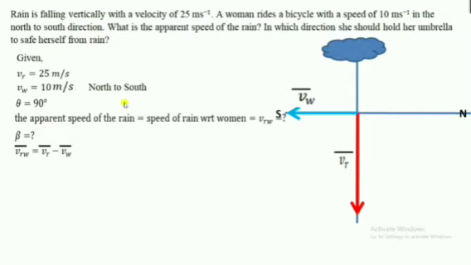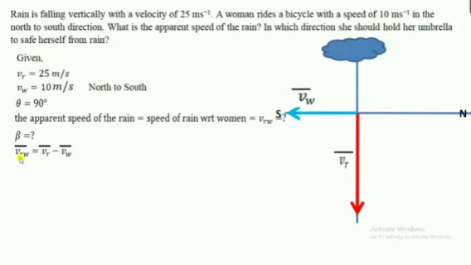We have to find the apparent speed of the rain, meaning velocity of rain for the woman, or we can write the speed of rain with respect to woman. So we have to find VRW, and we have to find beta, the angle between the resultant and one of the vectors, or the angle at which she should hold the umbrella.